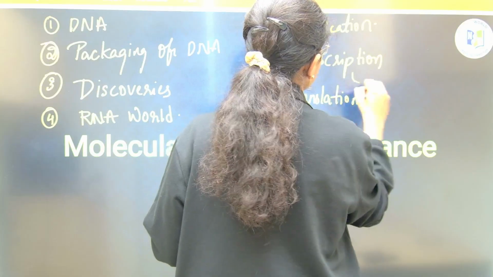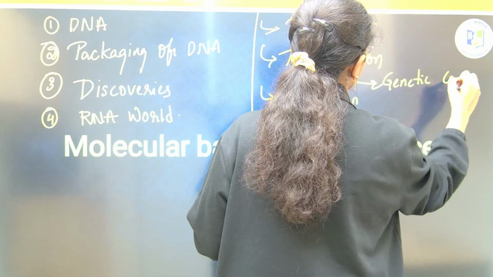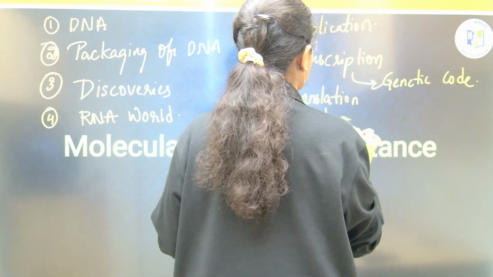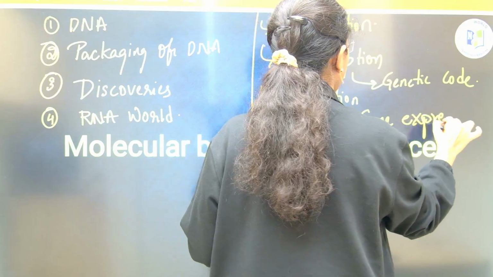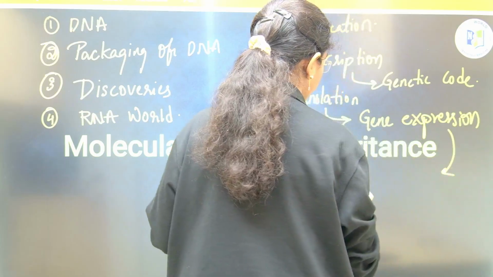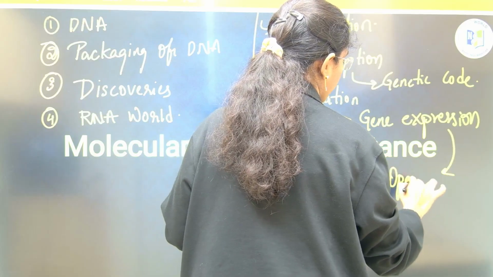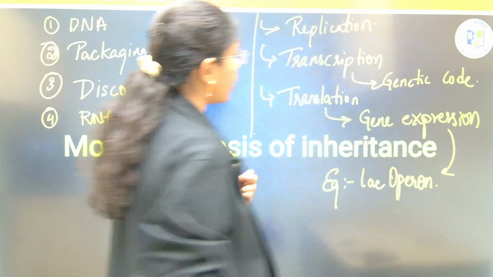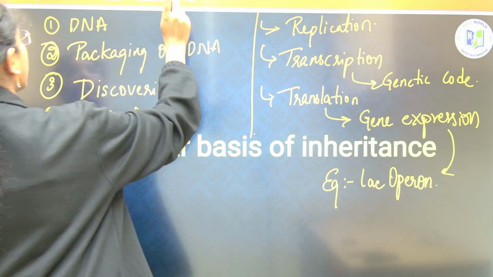Before translation, we also have to go through the genetic code, and after translation, gene expression is the most important topic, where we have to learn this with the example of the lac operon. So these are the major concepts of molecular basis of inheritance.